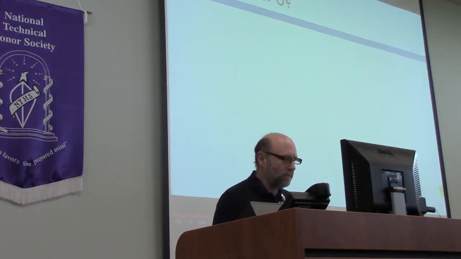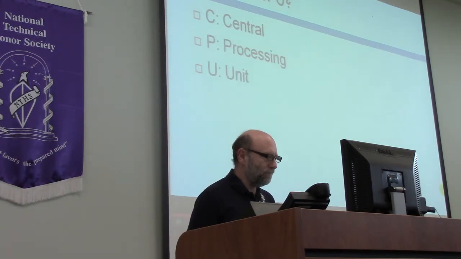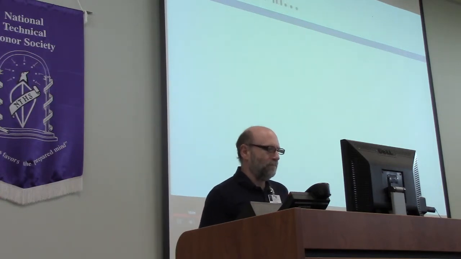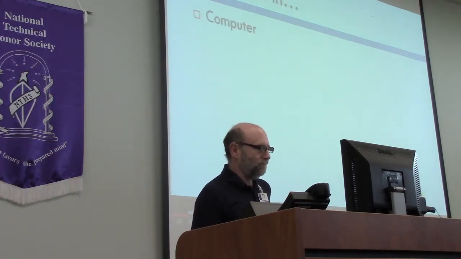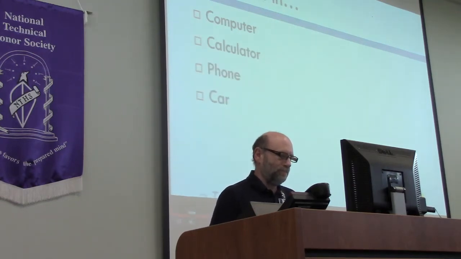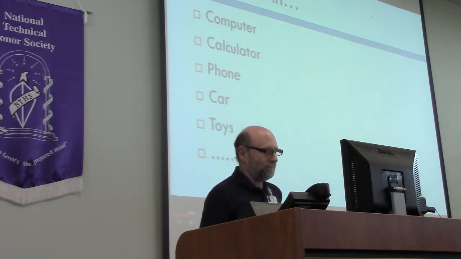What is CPU? CPU is a central processing unit. Everyone knows that, so I'm not talking about it. So let's move to the next slide. CPU is used in your computer, your calculator, your mobile phone, car, toys, and a lot of components.